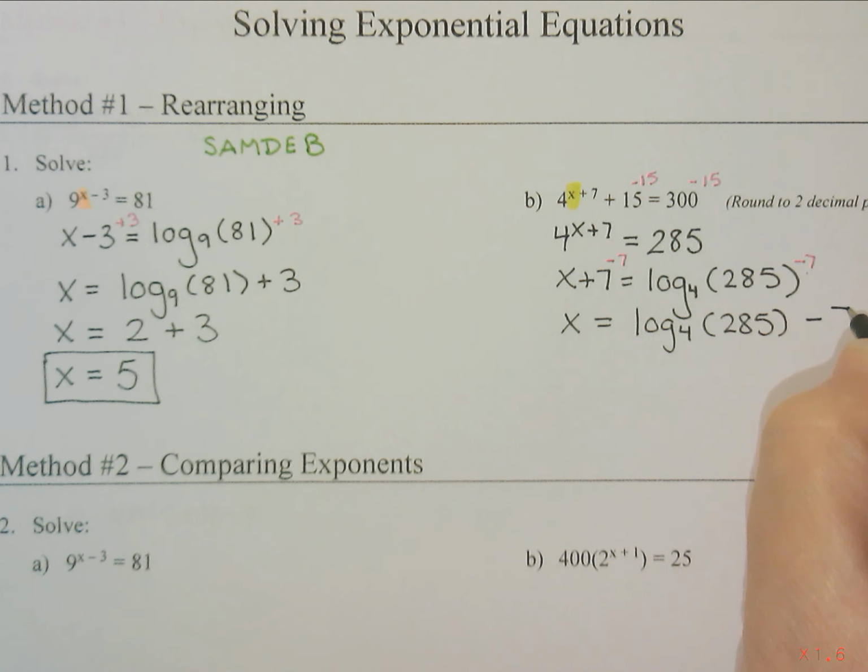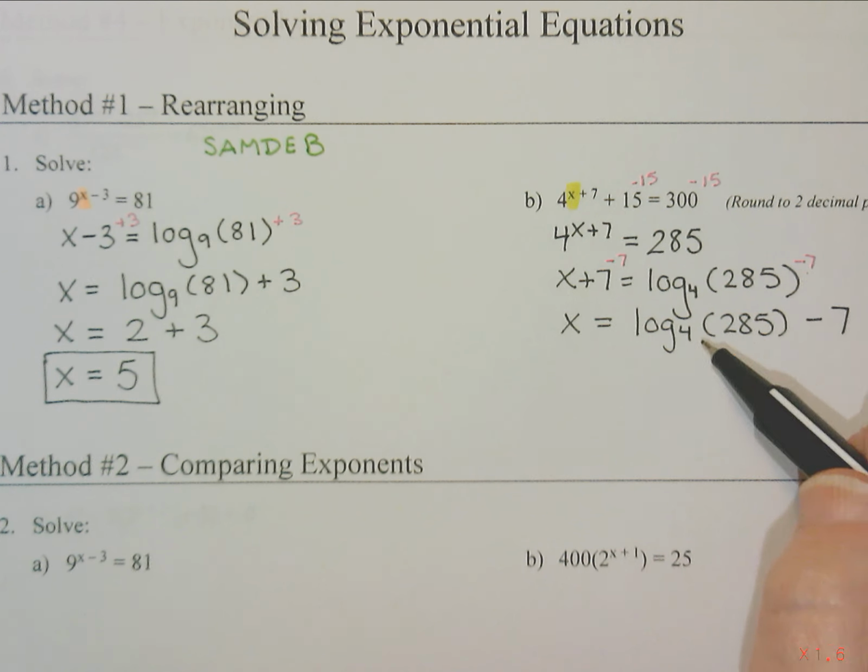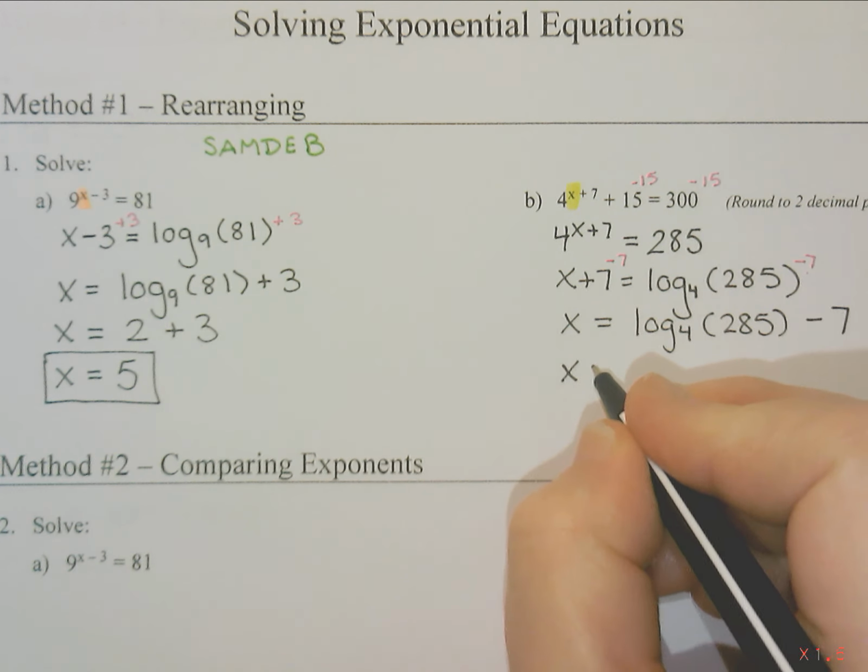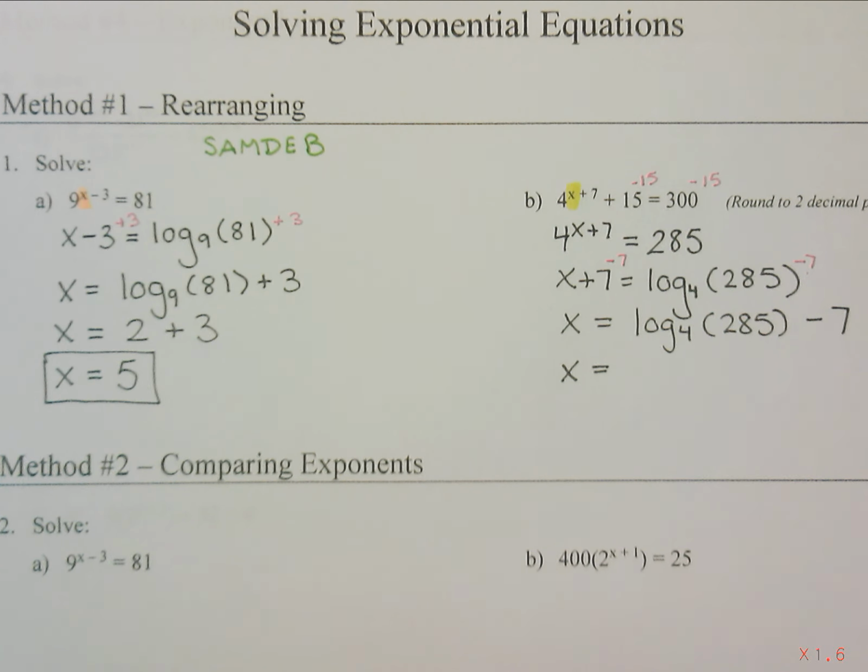take away 7. I cannot take away 7 from the argument, right? The argument is protected by that log. This is a separate number outside of that. Okay, to calculate log base 4 of 285, it is not a nice power of 4 on my reference sheet. So we're going to use our change of base formula that is on your green reference package.